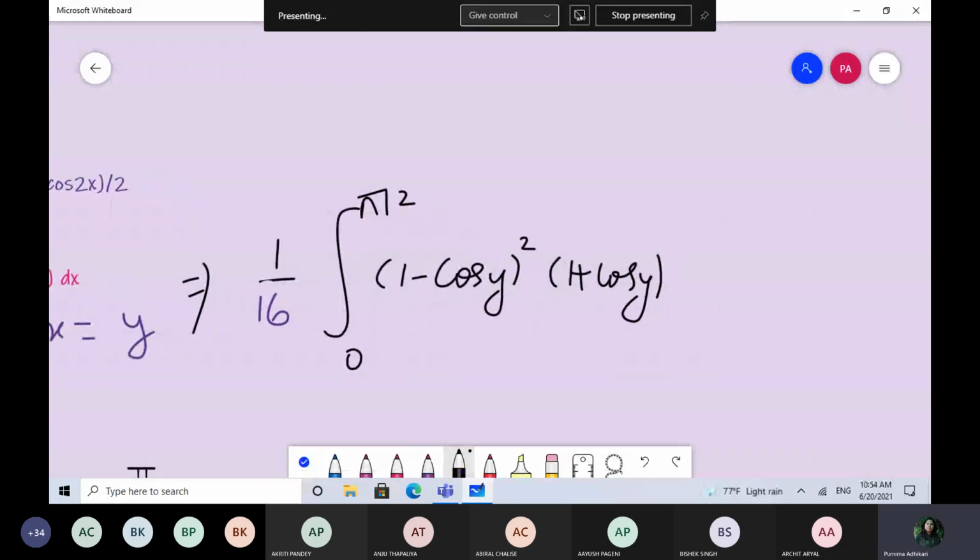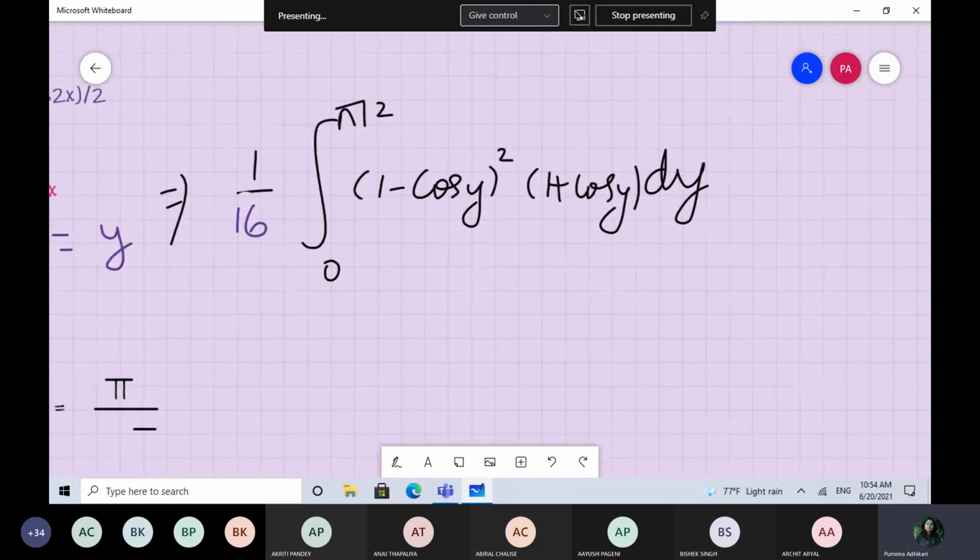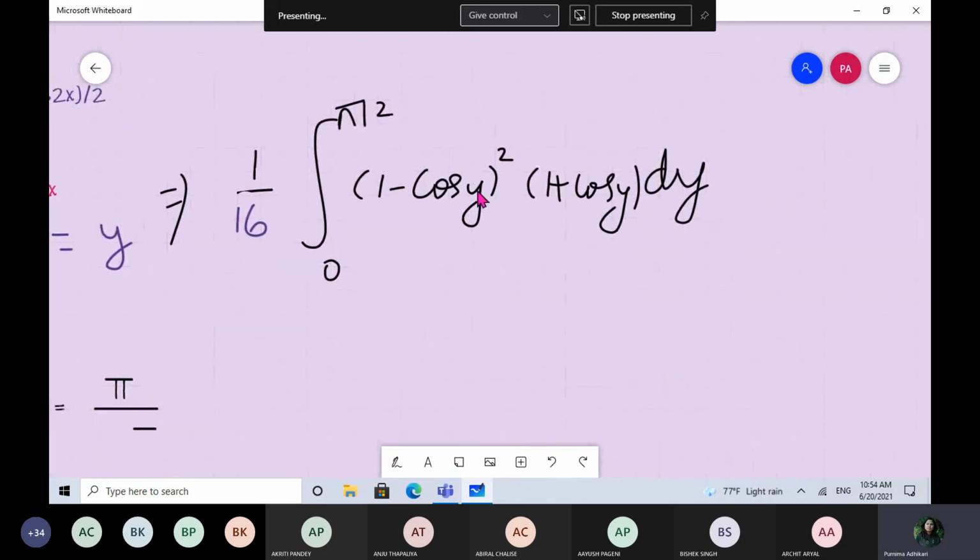You make sure that I'm going on the correct path. Okay. So now what will you do? You will square this and multiply by each term.